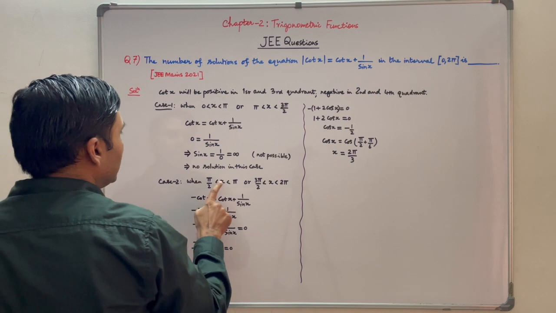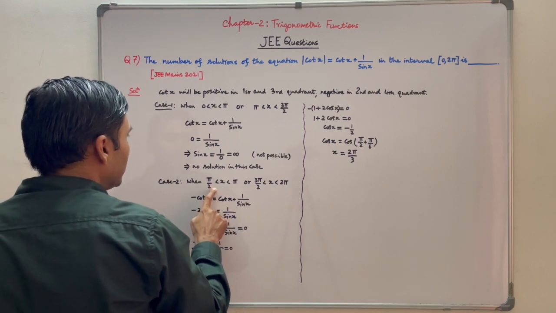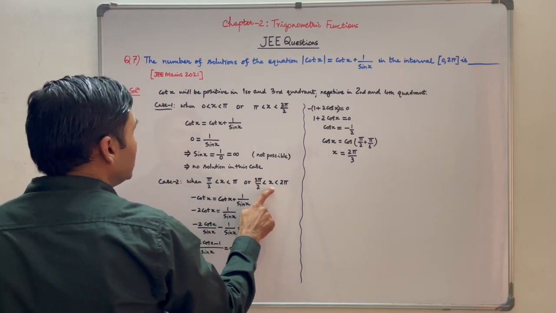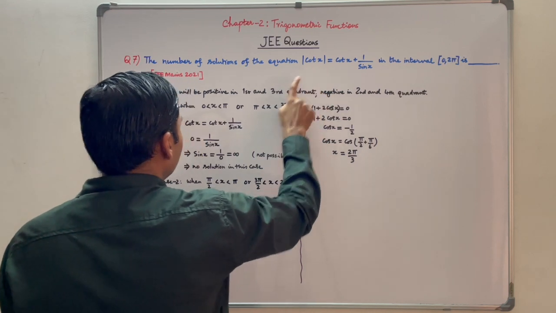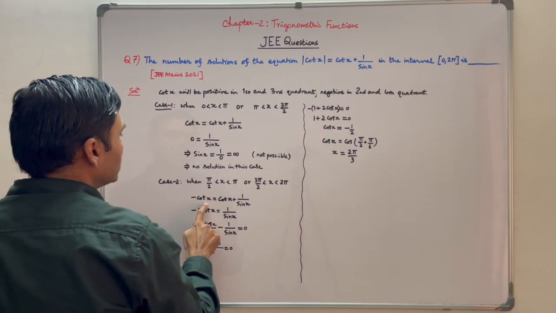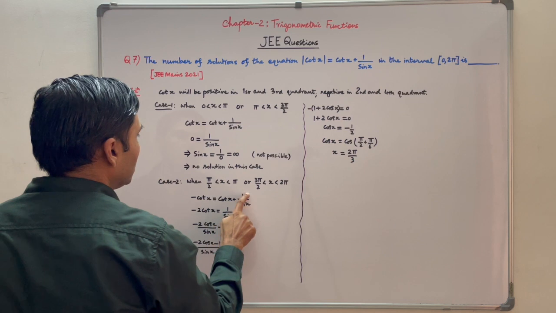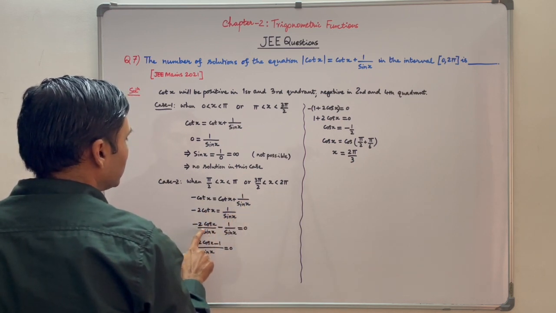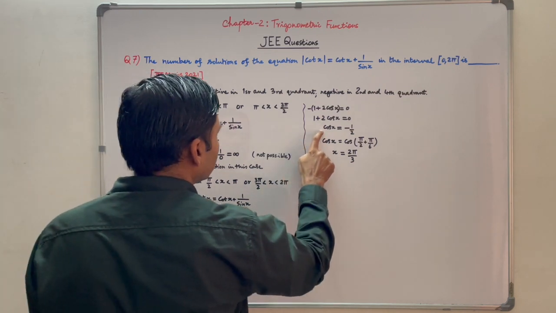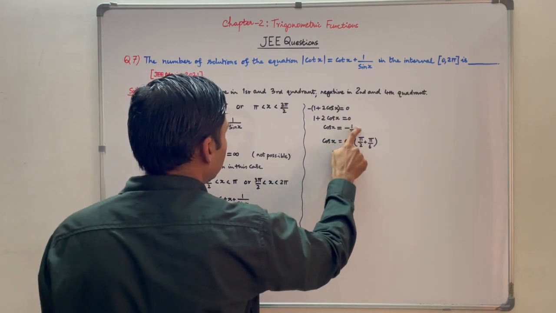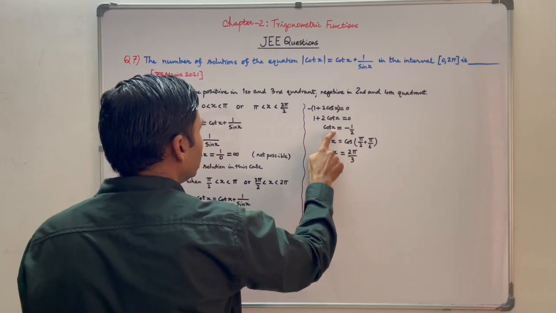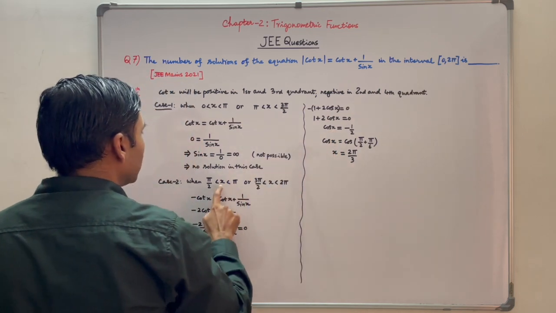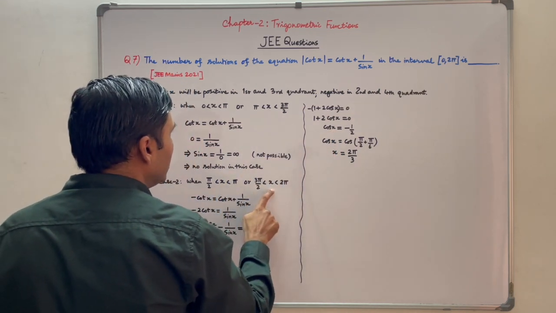Second case: when x is in second quadrant or fourth quadrant, then mod cot x is equal to minus cot x. So minus cot x is equal to cot x plus 1 by sin x. Cot x can be written as cos x upon sin x. So this gives cos x is equal to minus 1 by 2. We are considering that x can be either in second quadrant or fourth quadrant.